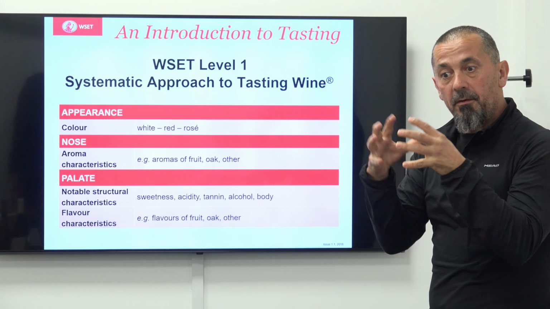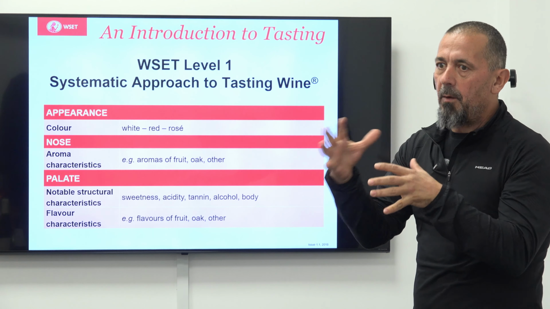All these aromas mean that the wine has had contact with a certain barrel. Our rosé has no oak, so it's fruit driven, it's fruity: strawberry, raspberry, and other small red berry forest fruits.